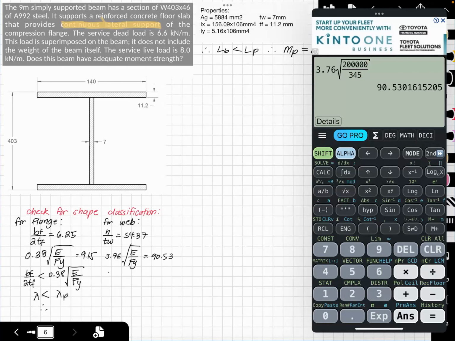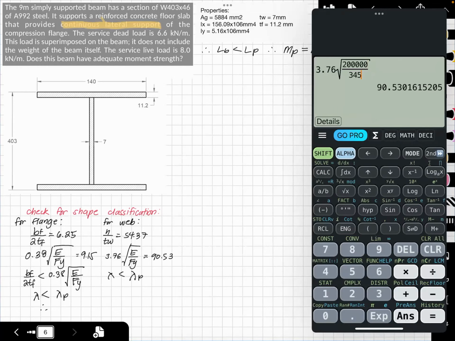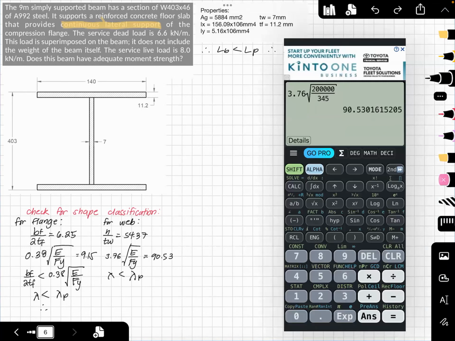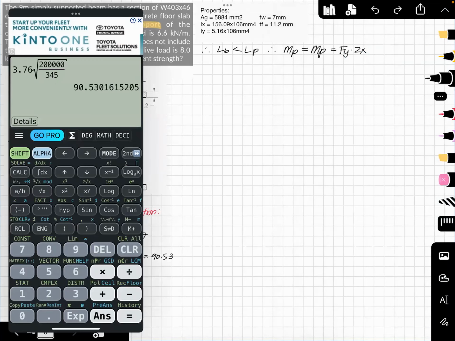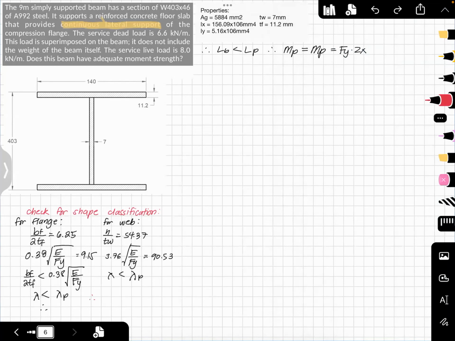So, we have the lambda is less than your lambda p for your web. So, therefore, the section is compact.